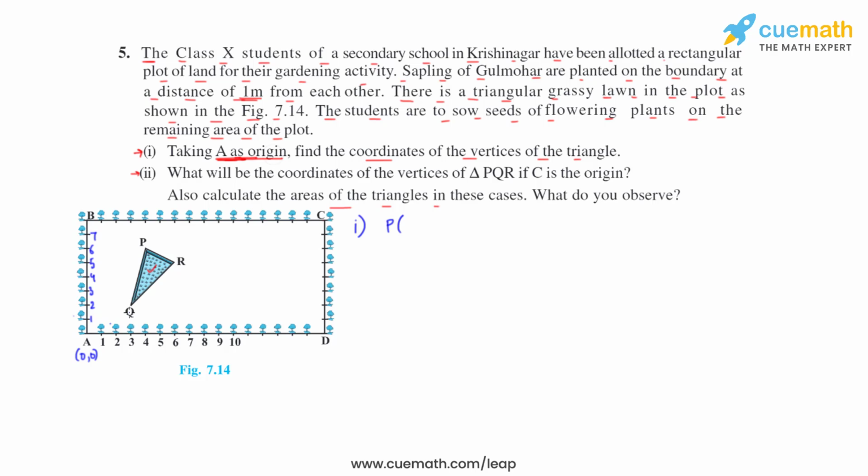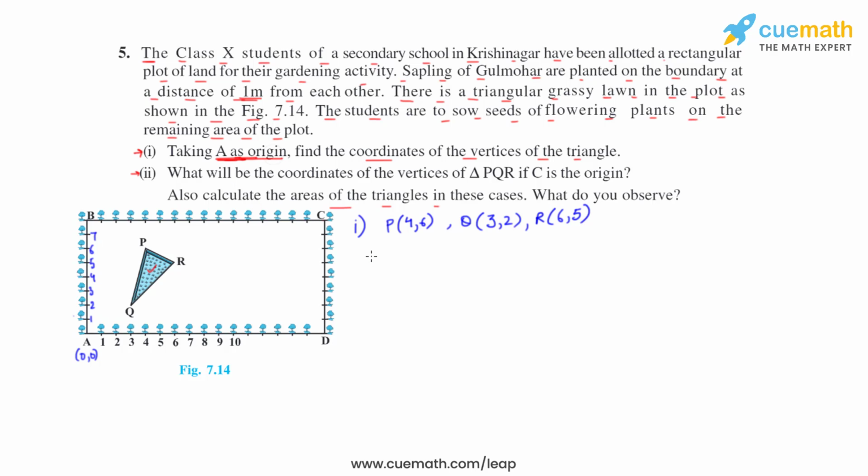So this will be (4, 6). So P is (4, 6). Then Q is (3, 2). And R is (6, 5). So these are the coordinates of PQR when A is origin.